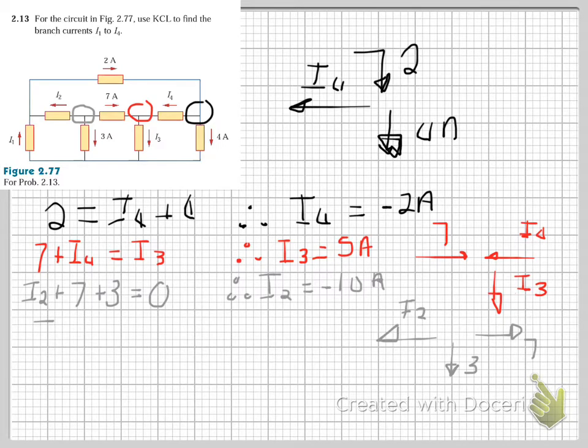And then the last node is this node going on there. So for that node, you've got I1 flowing in. You've got I2 flowing in. And you have a 2 amp flowing out.